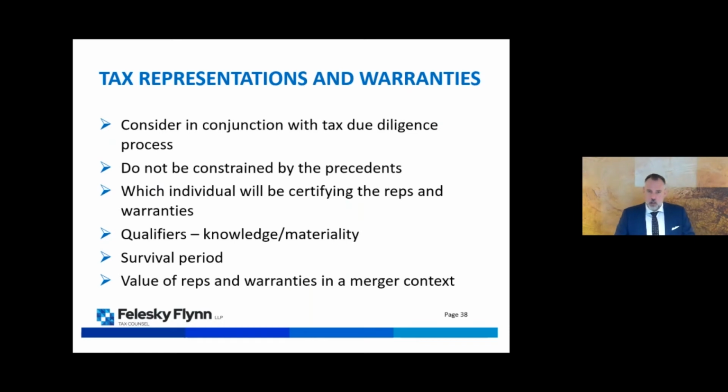You should really be thinking about your circumstances, the risks that are important to you in the deal, and consider these reps and warranties in conjunction with your due diligence process, because that's where you will have identified which risks are more material or less material, or potential risks that you weren't able to diligence very thoroughly.